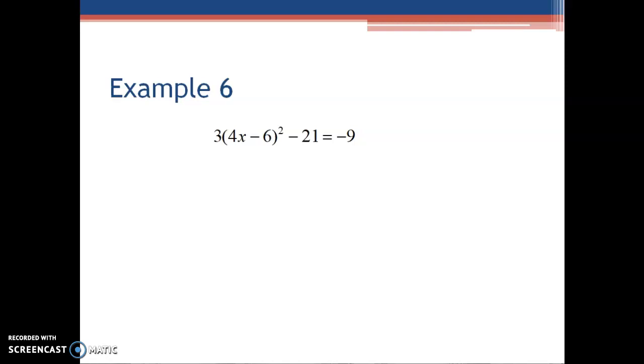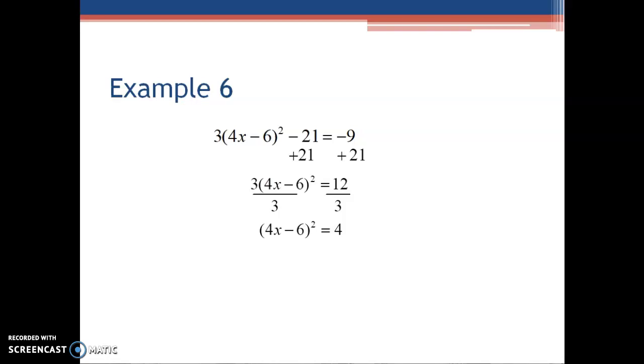So we'll start off by adding 21 to both sides. So that's going to leave me with 3 times 4x minus 6 squared equals 12. Alright, from here, I can divide both sides by 3. And that's going to leave me with 4x minus 6, in parentheses, squared equals 4.